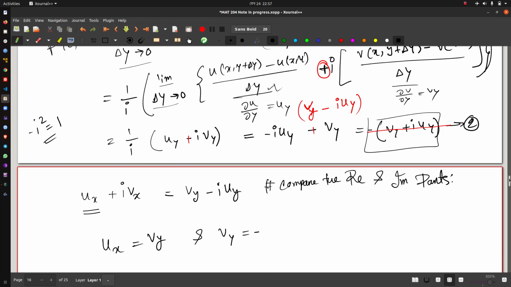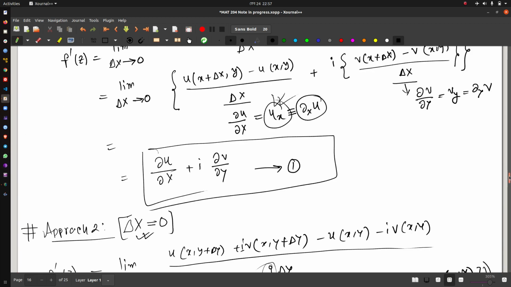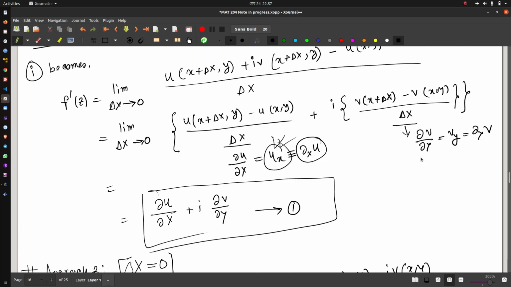Ux plus i Vx, right? I made a mistake over here as well. I wrote it as Y, it should be X. Sorry about this.